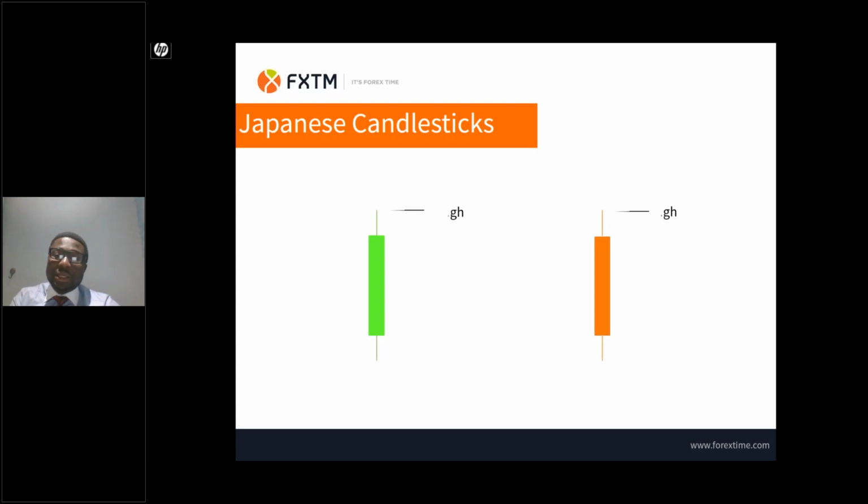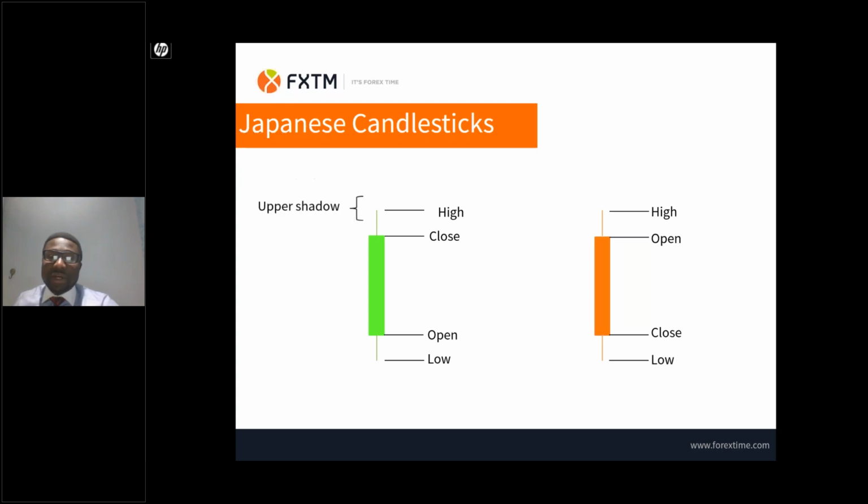The bearish candle is identified by price opening at the top and closing at the bottom, as we can see in the image shown. So price opens below and closes above. That's a bullish candle with a high and a low.